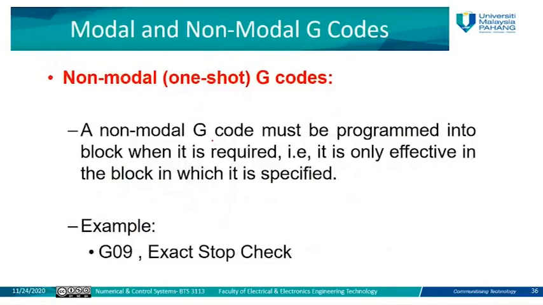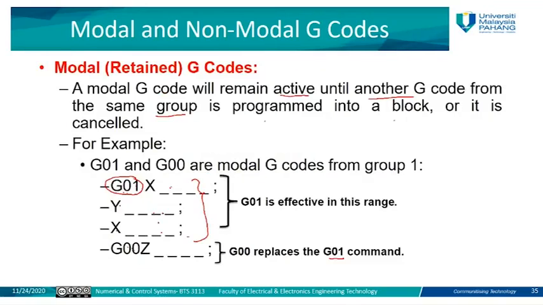The non-modal function here is just a one-shot code. One-shot code means it's applicable for just one line. So a non-modal G code must be programmed into the block when it is required. Only when I need it, I use it. It's only effective in the block in which it is specified, so its effect will not move to the second line, the second block.